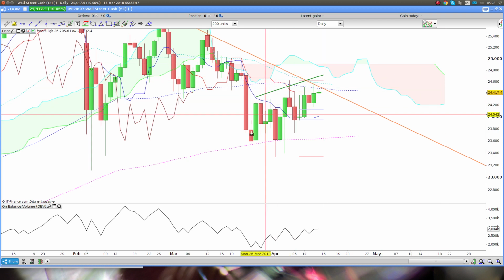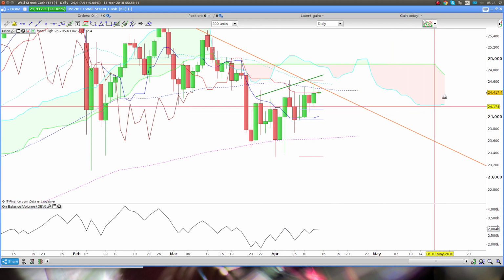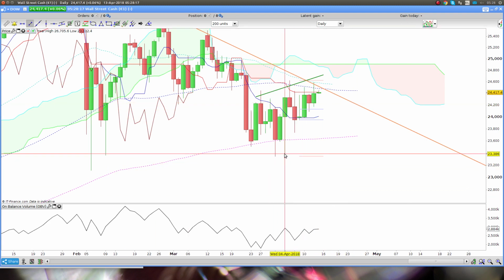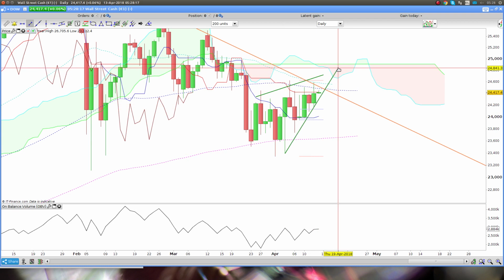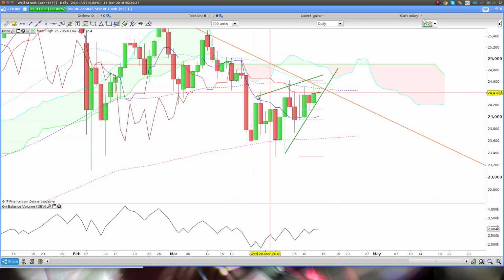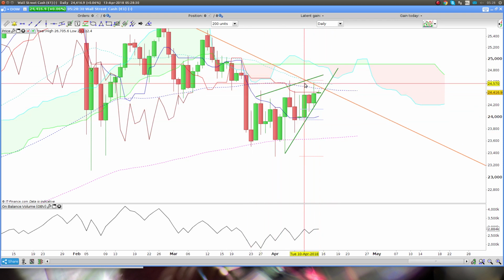The way I'm seeing this at the moment is we are potentially going to start moving towards a crossover here, the cloud and a crossover for Tenkan and Kijun. We do have a bit of a trend line here, and I'll leave that in because this could also play out as a bear flag, or a rising wedge.